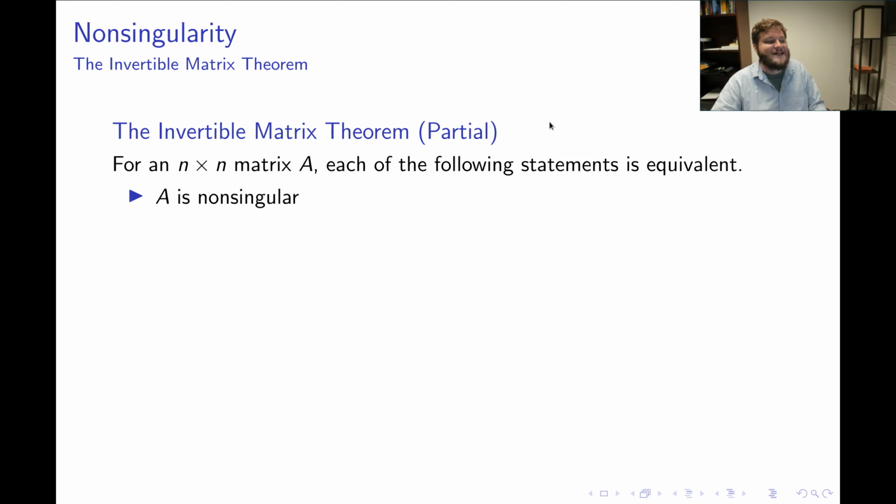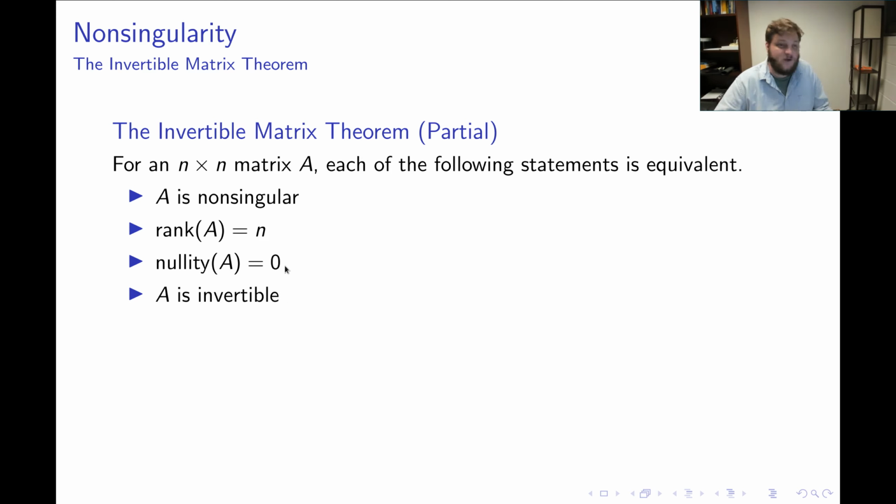The idea is that for an n by n matrix A, there are lots of equivalent ways of saying that our matrix is invertible. One way of saying that a matrix is invertible is saying that it's non-singular. Remember, that's the same thing as saying that our n by n matrix has rank n. Of course, if our n by n matrix has rank n, that's the same thing as saying that the nullity equals 0, because the rank plus the nullity must equal the number of columns.